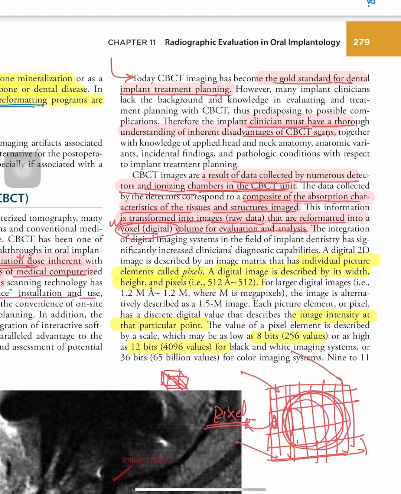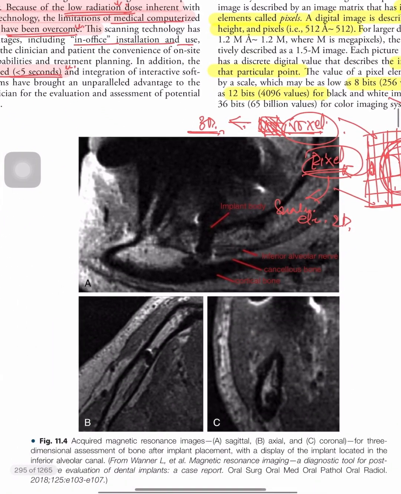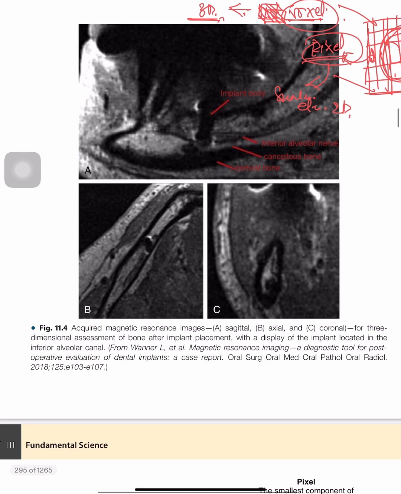So this cube is a voxel. So pixel and voxel, it is clear. Pixel is the smallest element in a 2D image, and voxel is the smallest element in a 3D image. All these things are a bit technical, but we need not break our heads so much to understand the technical part of it.